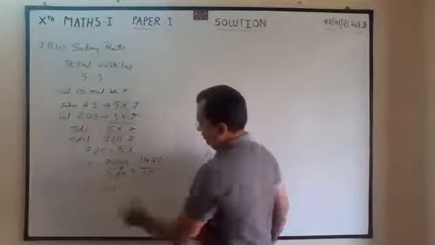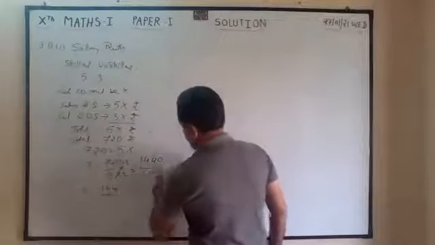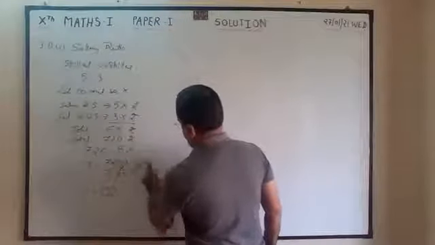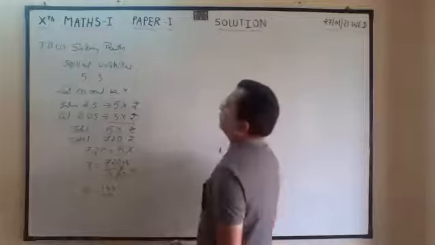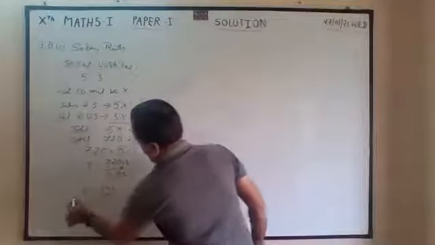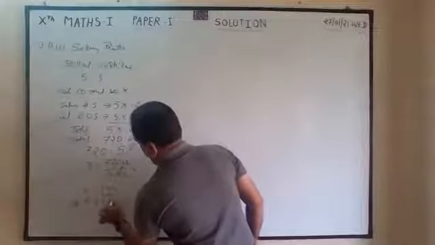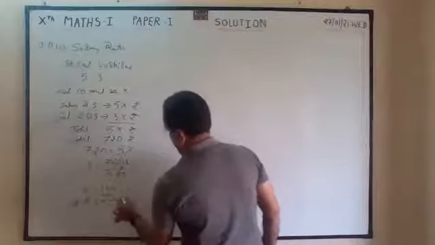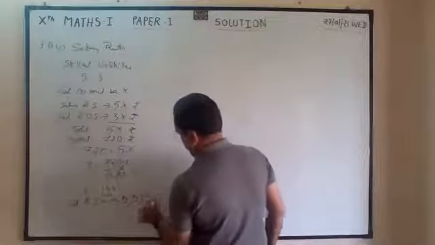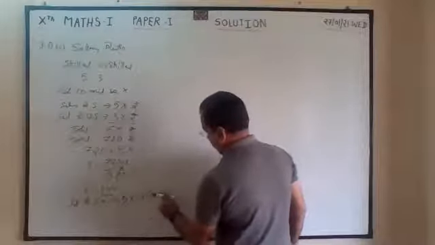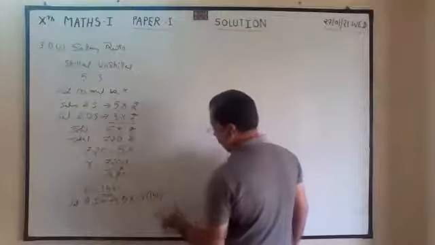Double it and cut one 0. So salary of skilled worker is equal to 5x, which is 5 times 144. So 720.